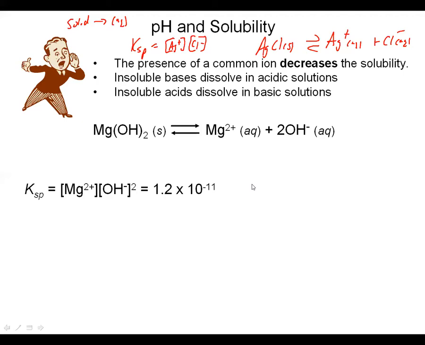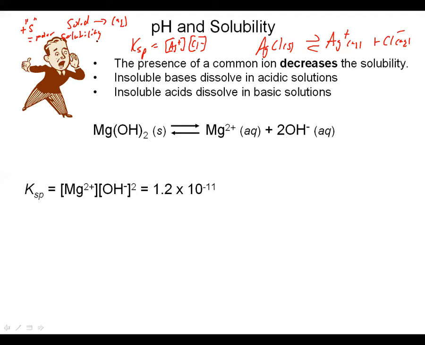The ICE table is similar to ones we've done before, except that typically people use S instead of X, and that stands for the molar solubility. You would solve for S, which is moles per liter. If you're looking for grams per liter, you would then need to use the molar mass, as we did in a couple of problems last time.